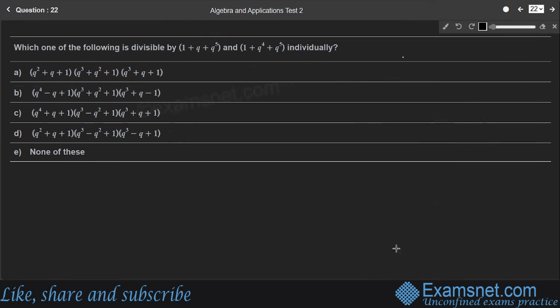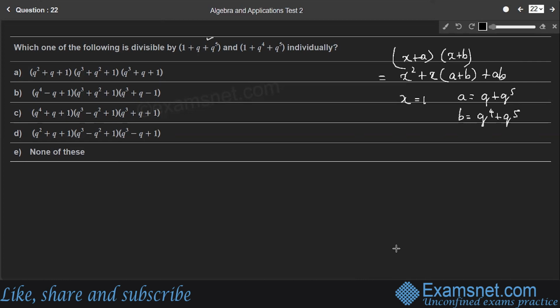So I'll consider the expression (x + a)(x + b), which is equal to x^2 + x(a + b) + ab. We'll consider x as 1, a as q + q^5, and b as q^4 + q^5, so we'll apply the same formula.